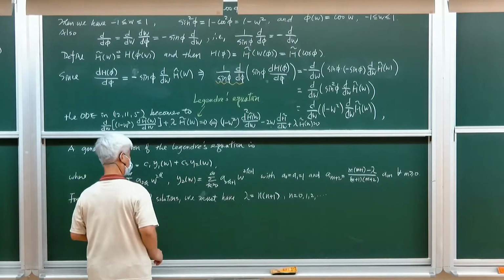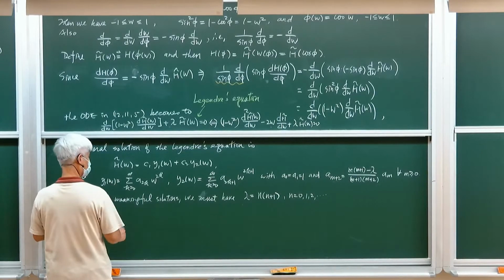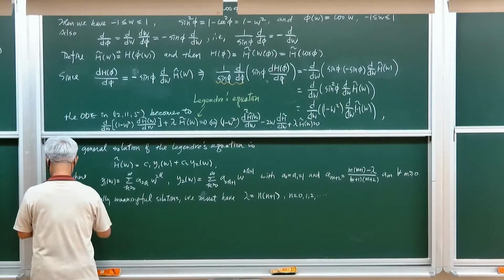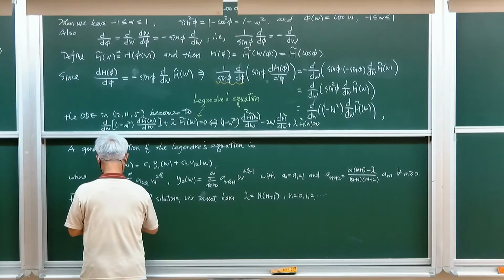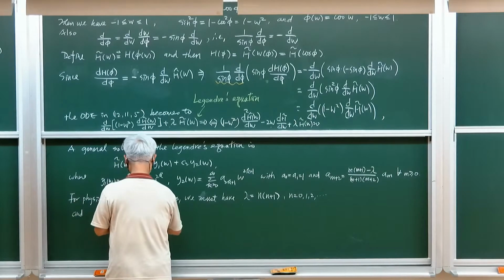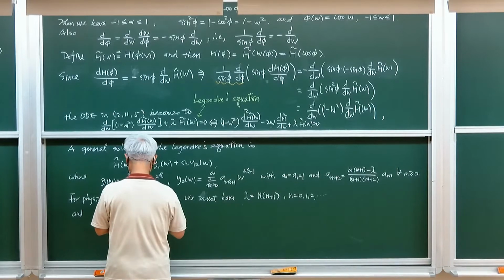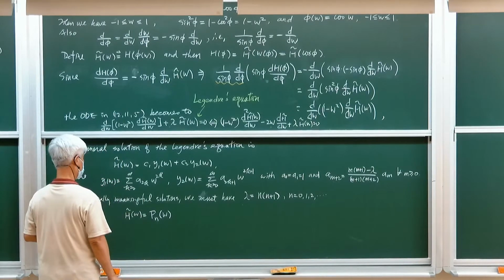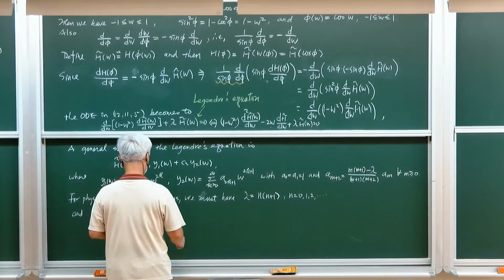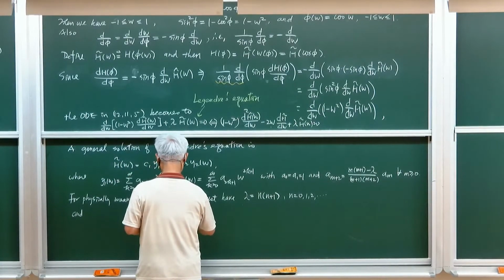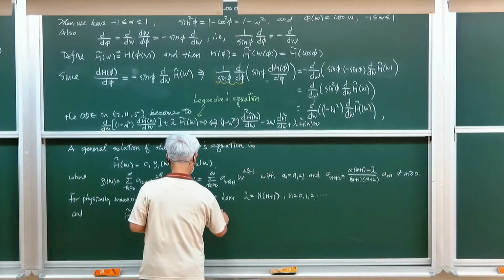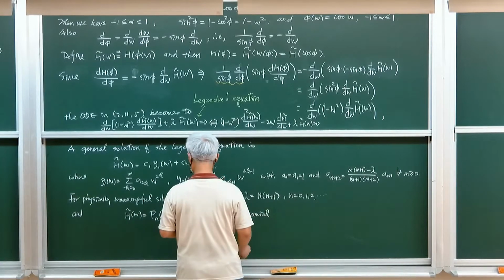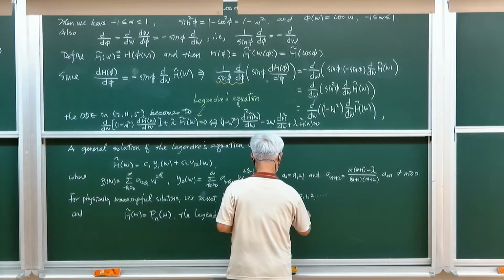All right. And h tilde of w is equal to P_n(w), the Legendre polynomial of degree n.